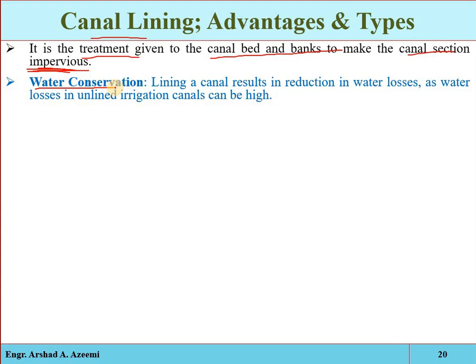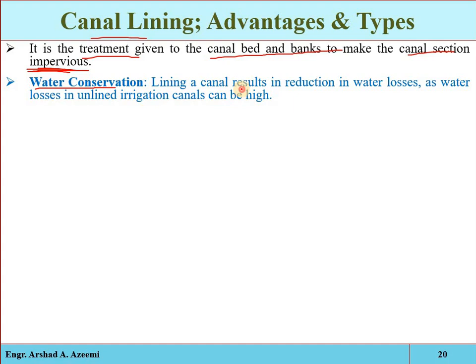Before the decision is made to line a canal or not, remember that the cost and benefit of lining should be compared: how much cost will be incurred on the lining and how much benefit you will get. Water conservation is one of the major benefits achieved from canal lining.